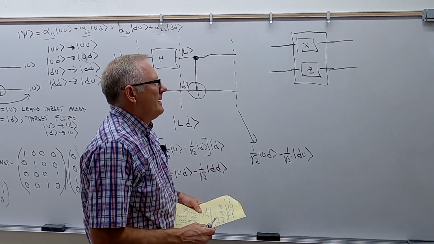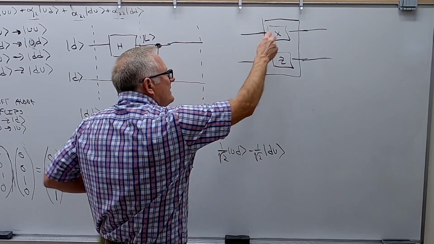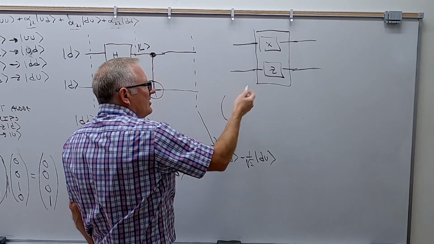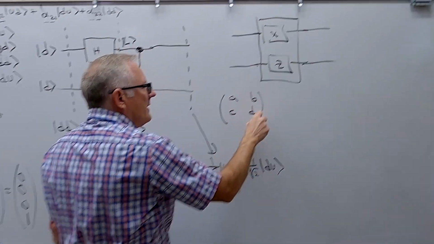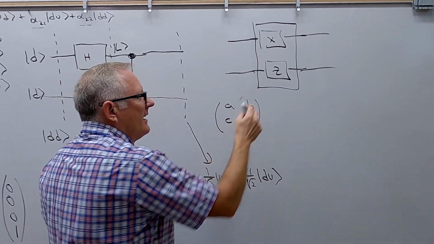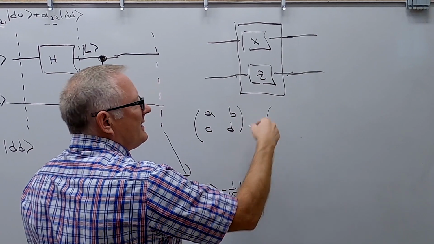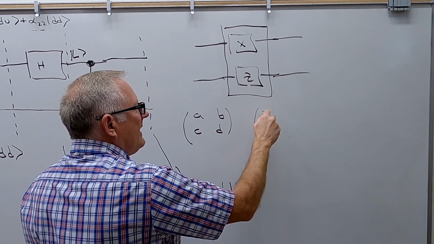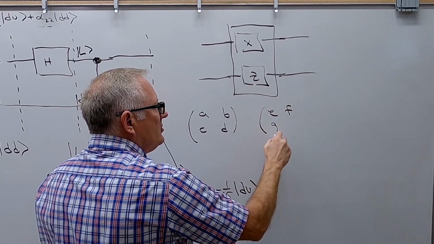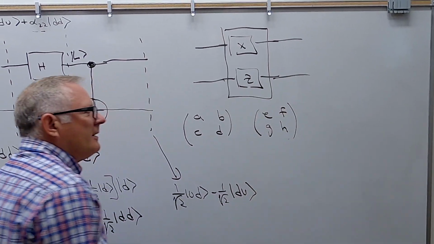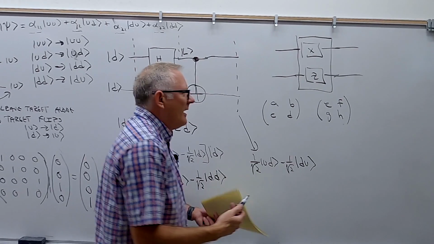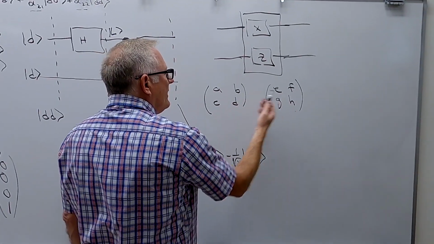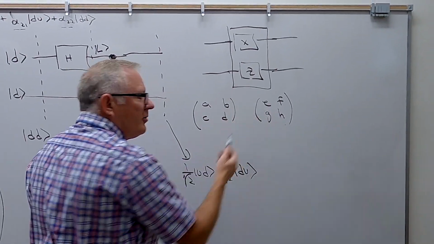Well, the rule is, the first gate, let's just say it's a 2 by 2, A, B, C, D. Let's say that was your first gate. And the second gate was a different one, maybe it's E, F, G, H. Now, when we combine them, we have to tensor multiply them. How do you tensor multiply? We know how to do 2 vectors, but how do you do 2 matrices?